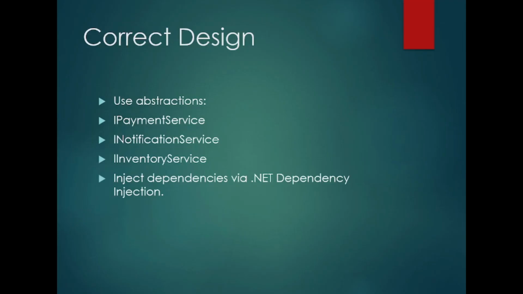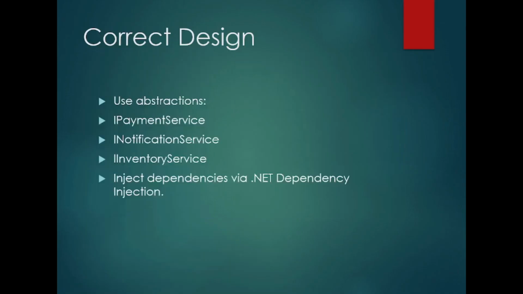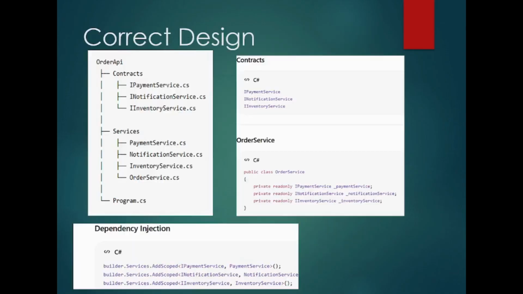So the correct design is to use abstraction like payment or notification service, inventory, and inject dependencies via .NET dependency injection. So what is order API? We already have the services, but we have introduced the contracts: payment, notification, inventory. Then instead of calling the direct instances, we are calling interfaces. You can see that payment, notification, and we have to declare this dependency in the .NET injection like AddScoped, payment.